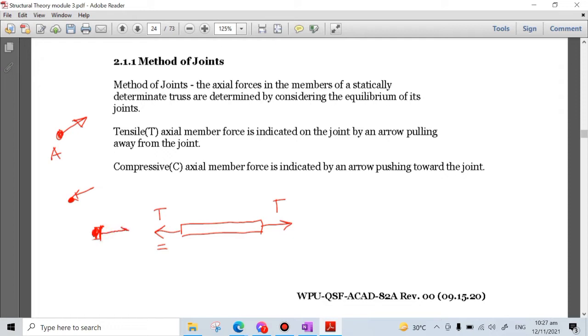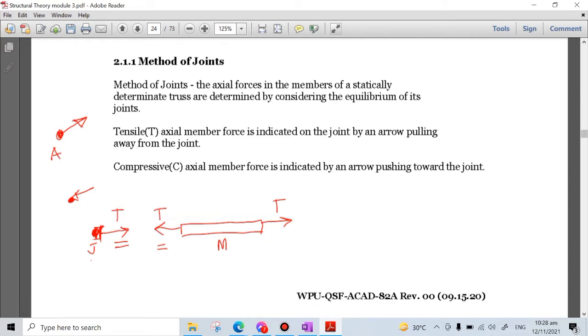Yan yung karugtong ng tension na yan. Ito yung joint. So, etong dalawang to, pag nagsalubong, sila ay magko-compensate. And magkakaroon tayo ng equilibrium kasi opposite sila. So, pag pinag-uusapan natin yung member, ito yung tension. Pero pag sa joint, it is away from the joint, yun yung tension. Pareho siya. Pag sa member, away from the cutting section, and dun sa joint, away din siya.